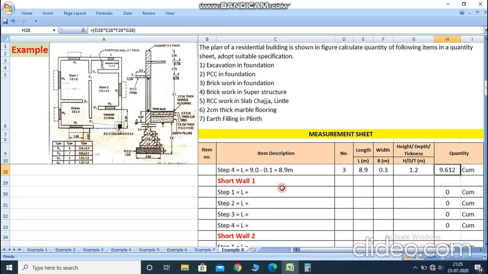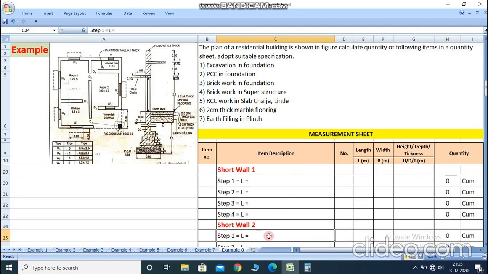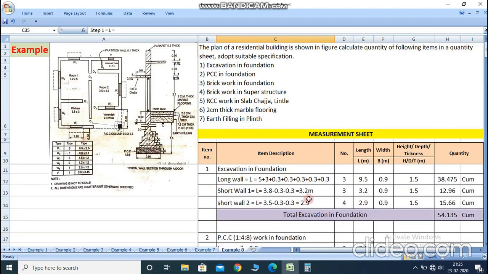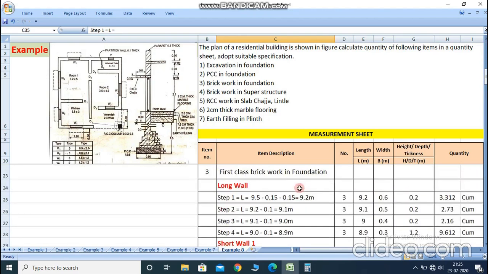Now we calculate short wall 1. For the short walls, 1, 2 and 3 short walls are provided. For short wall 1, the length is already calculated in the PCC work as 3.2. See this here, the short wall length we calculated is 3.2.